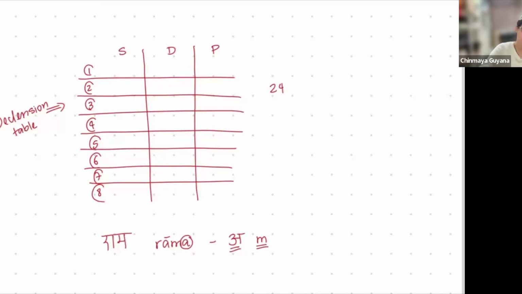If each word has 8 cases, case 1, 2, 3, 4, 5, 6, 7, 8, and each noun has singular, dual, and plural, then for each gender, there will have to be a version of what it looks like in each case and each number. This variation of 24 different ways in which the noun is written is called the declension table.